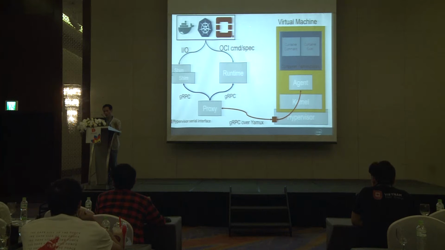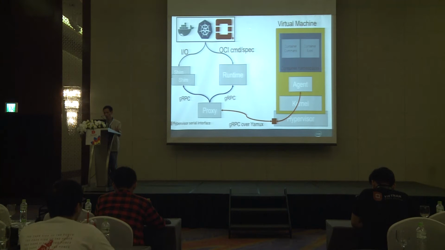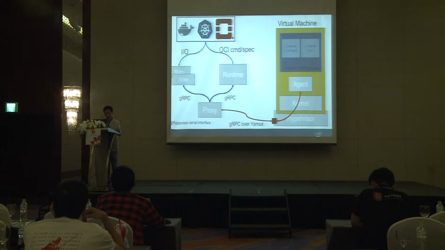Once the container is launched, the result is passed out of the virtual machine, and the I/O of the container is controlled by the shim, which passes the I/O to the container engine. So this is basically how Kata Containers works.